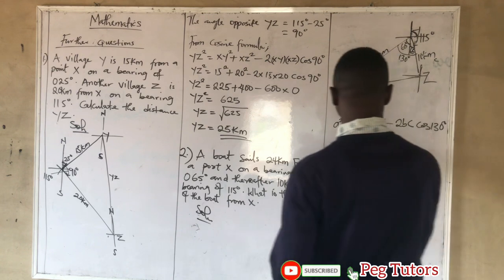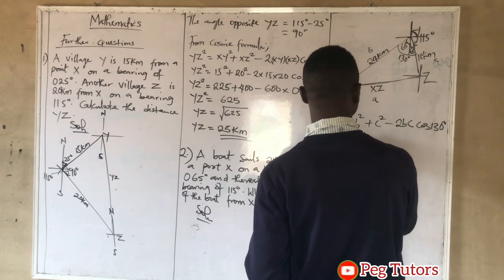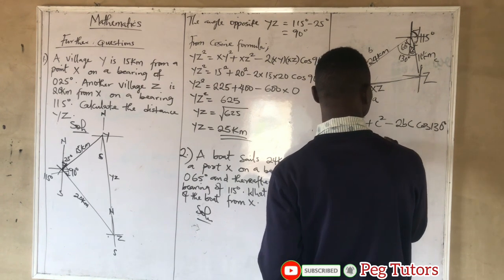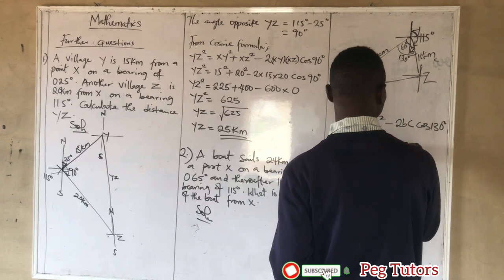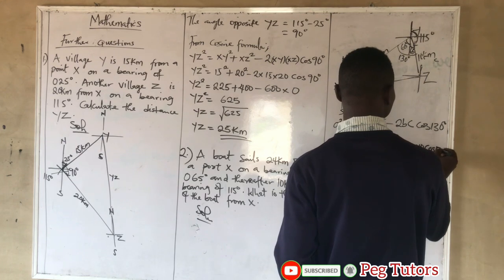So A squared is equal to 24 squared plus 10 squared minus 2 times 24 times 10 cos 130 degrees.